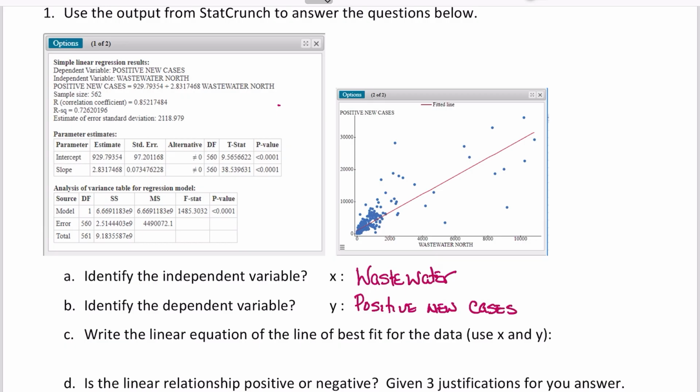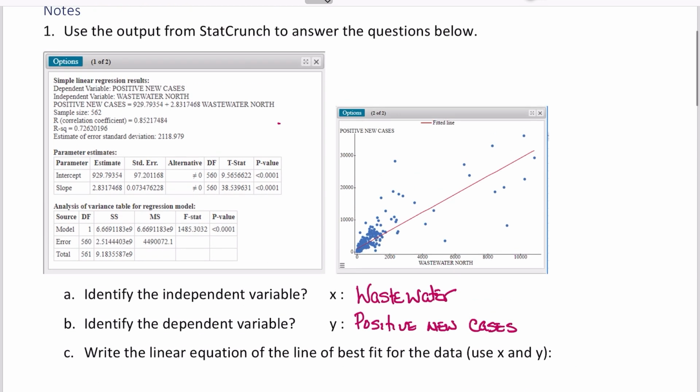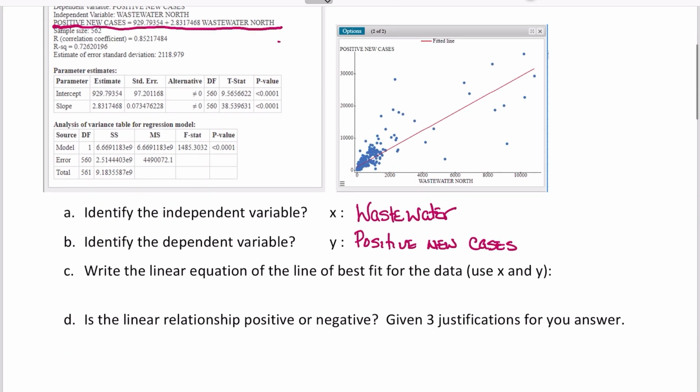So write the linear equation of the line of best fit. The linear equation is right up here. And we're going to use X and Y instead of the words. So Y is the dependent variable. That's the positive new cases. So Y, and I'm going to call it Y hat just because it comes from sample data.